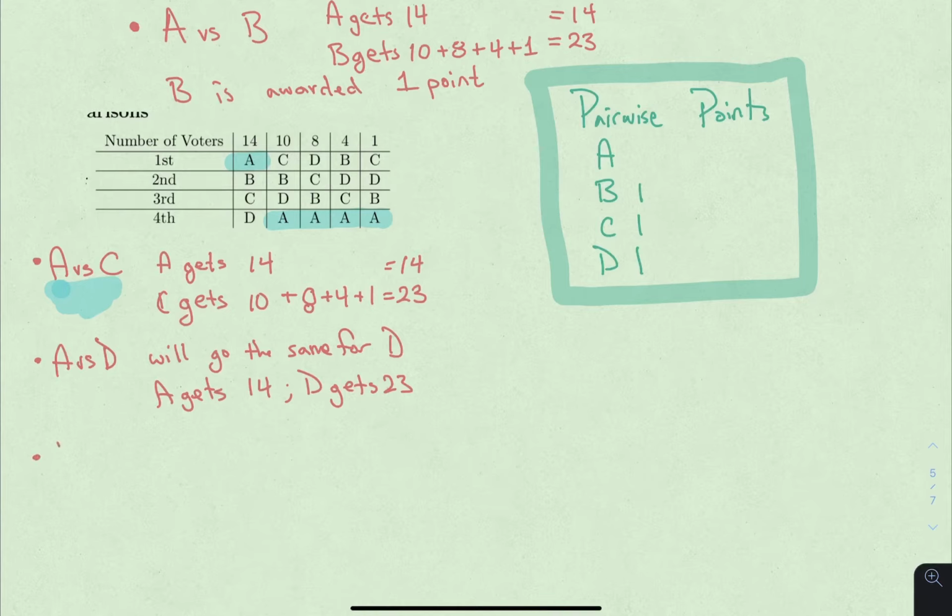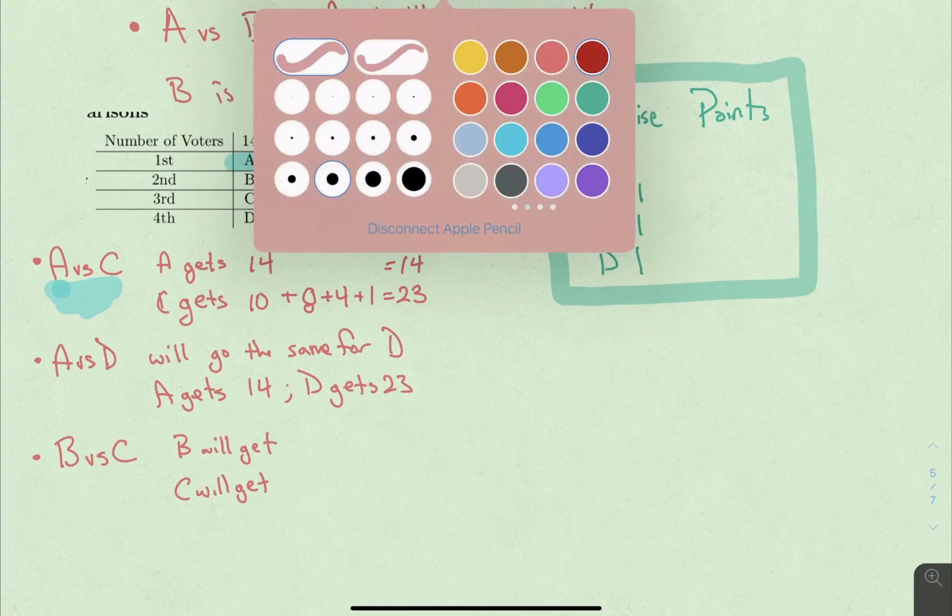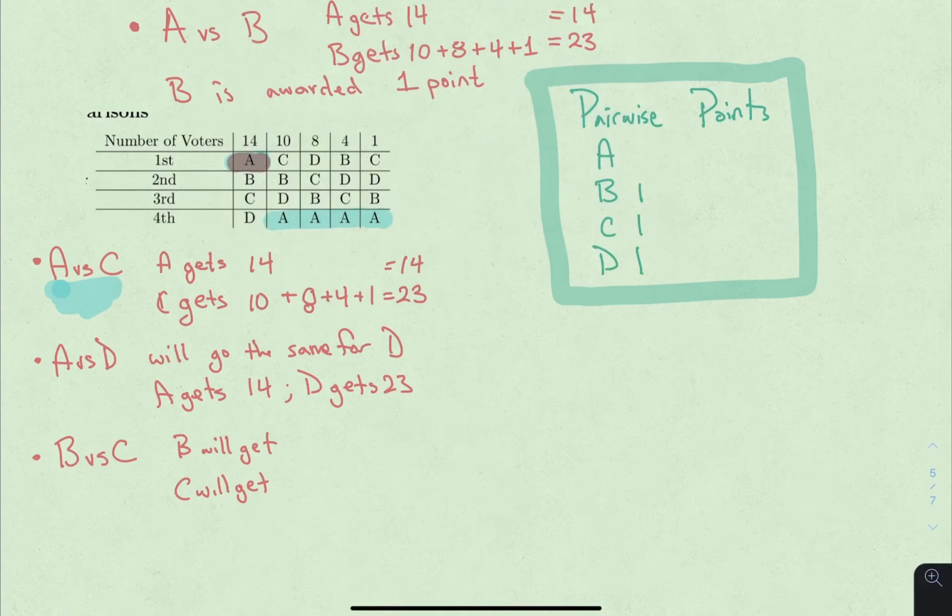So let's do those. We have B versus C was the next one. C will get, we'll go back to our preference schedule. So A is out, right? We're done looking at A. And for the moment, we're also done looking at D. So in every column, you cross out D, and you say, okay, well, B will get those 14 people from the first column.